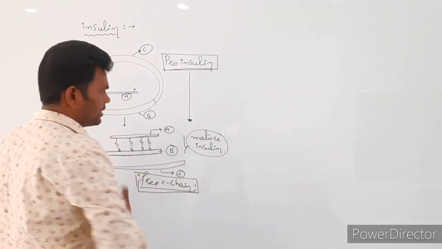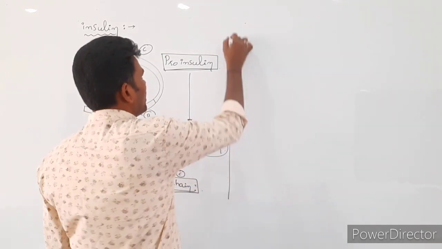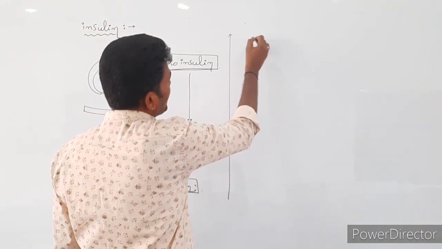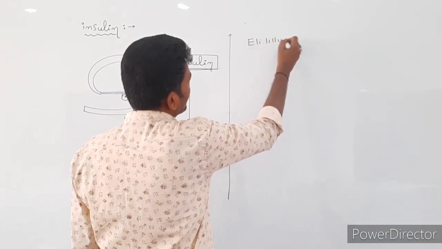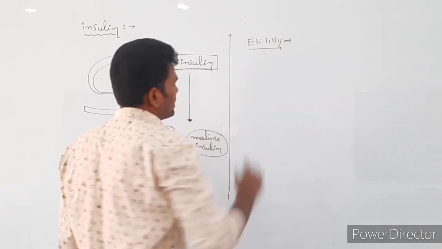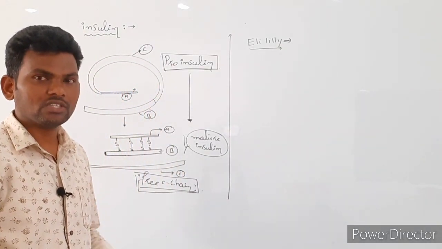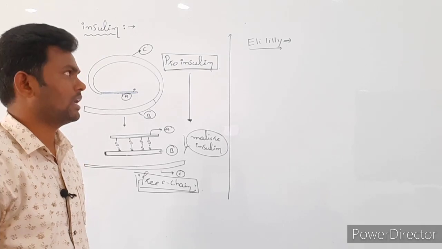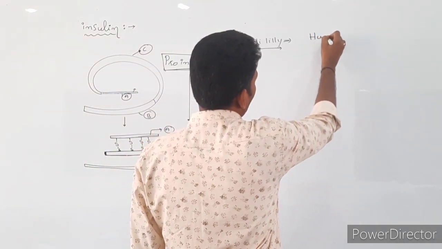And in NCERT it is given that the American company Eli Lilly started the production of insulin with the help of rDNA technology. The first insulin is called Humulin.